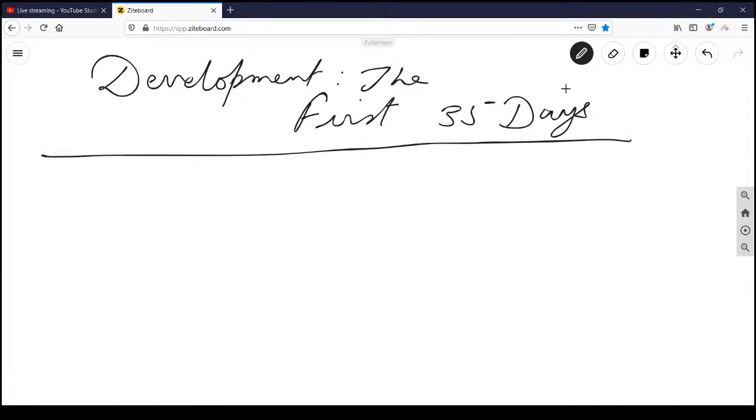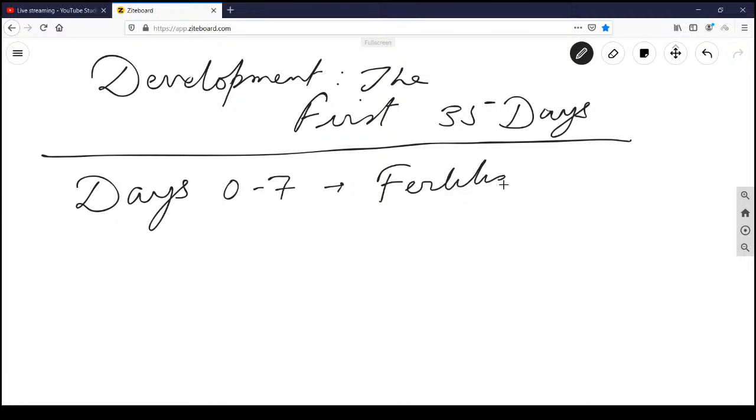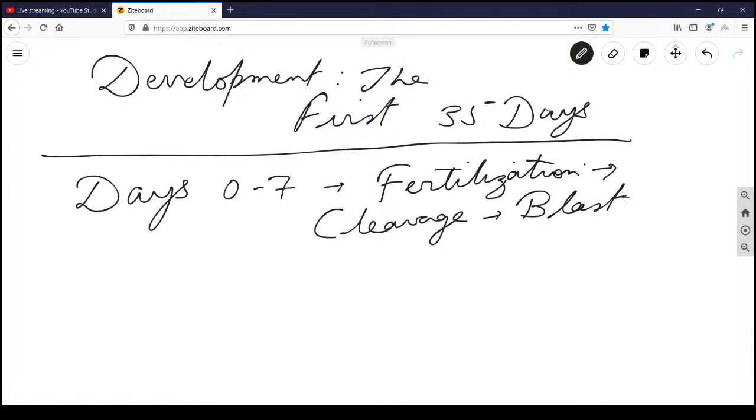Gastrulation is not in your course at all, so we won't be dealing with it, but other things I'll be explaining. So days 0 to 7: fertilization, then cleavage, then blastocyst formation.